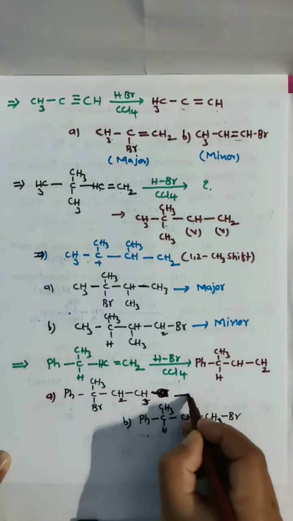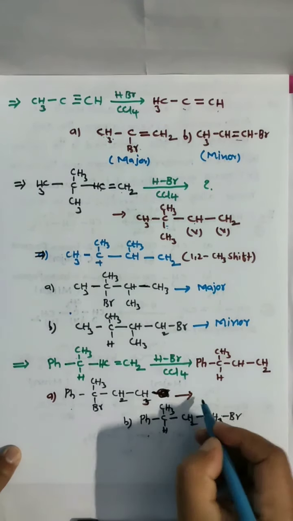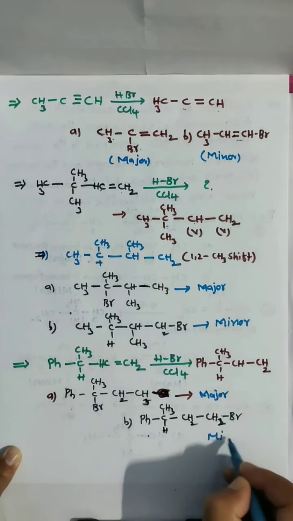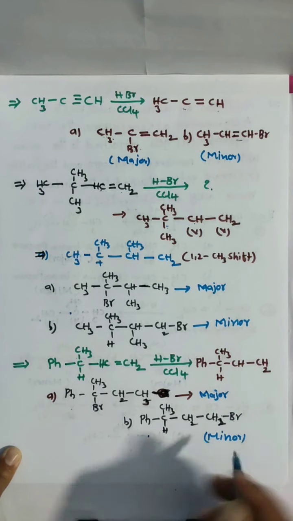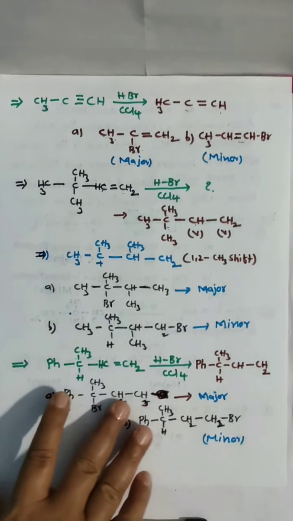This is the major product, and this is the minor product. Like this, you can do any question based on the Markovnikov rule. Clear?